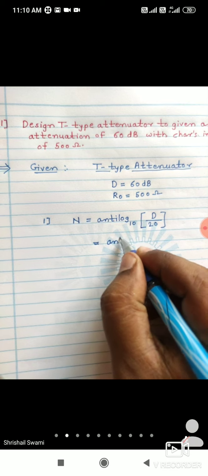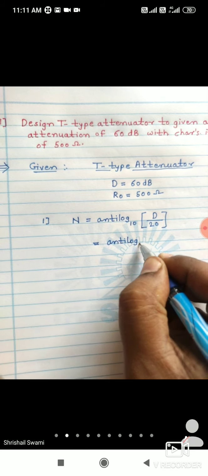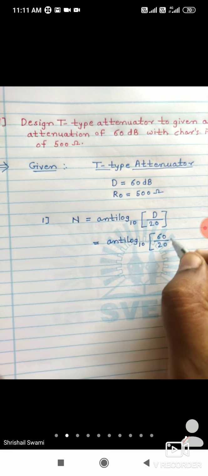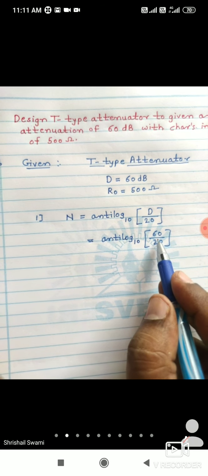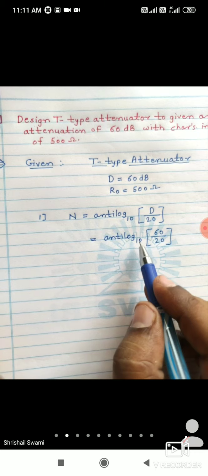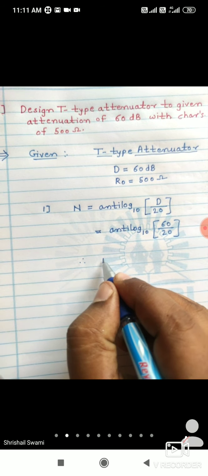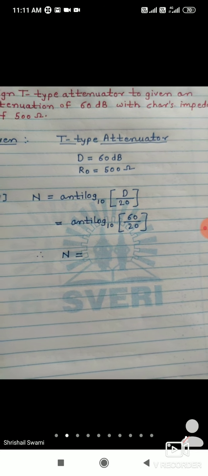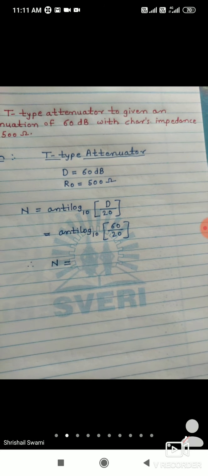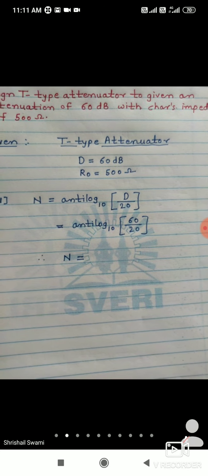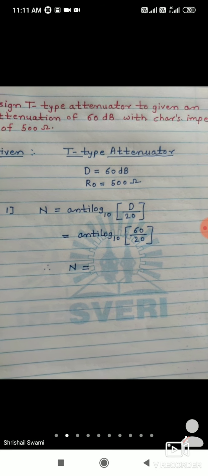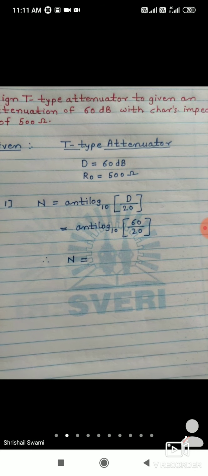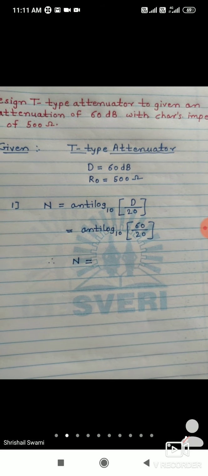Anyone? Take the calculator. 60 divided by 20. 60 divided by 20 means 3. Antilog of 3. Tell the value of N. Quick. What is the value of N?